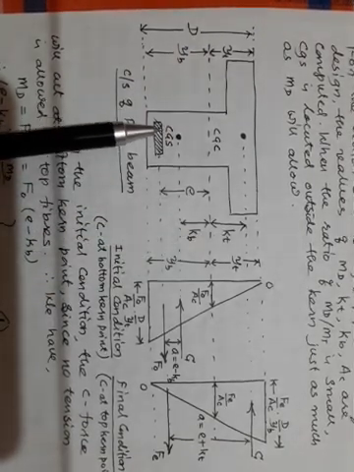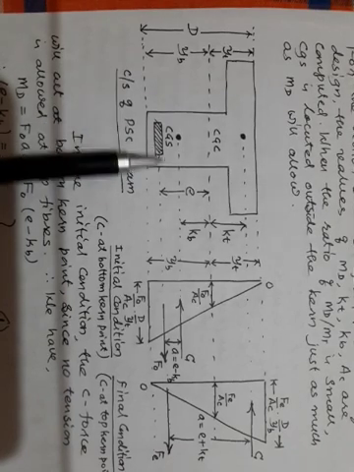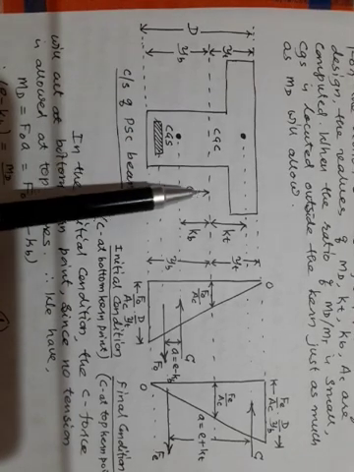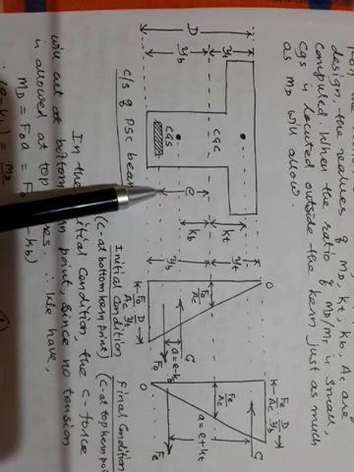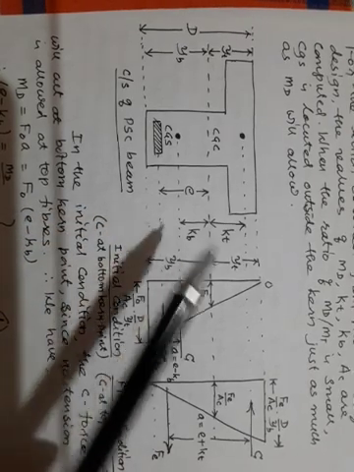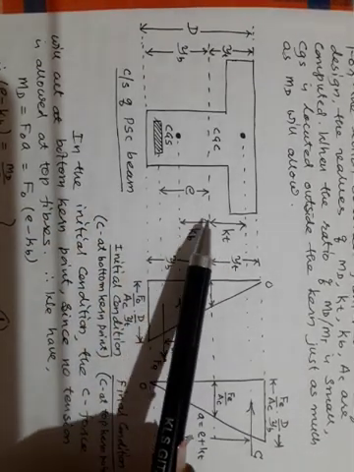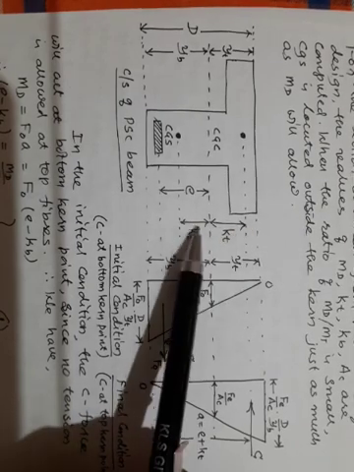And also now I'm going to put some prestressing steel here. So I can mark here my eccentricity E. Also, as I have already said, I can even calculate my values of KT and KB.